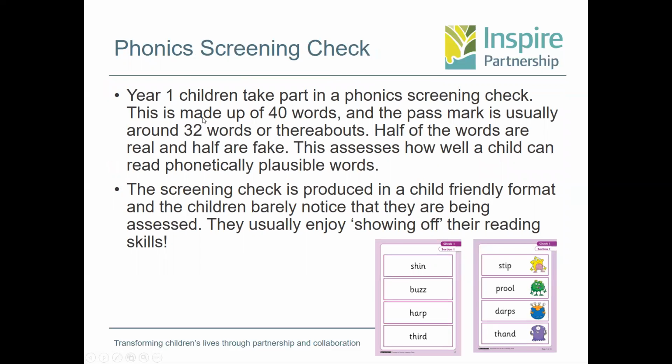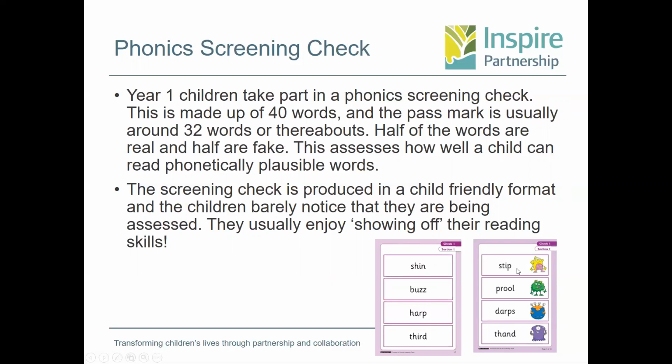The phonics screening check is a phonics check for children in Year 1 and Year 2 to see how well they know the phonemes that we've taught. It's usually made up of 40 words, and the pass mark is usually around 32 or thereabouts. Half of the words are real, such as this, and half of them are fake.